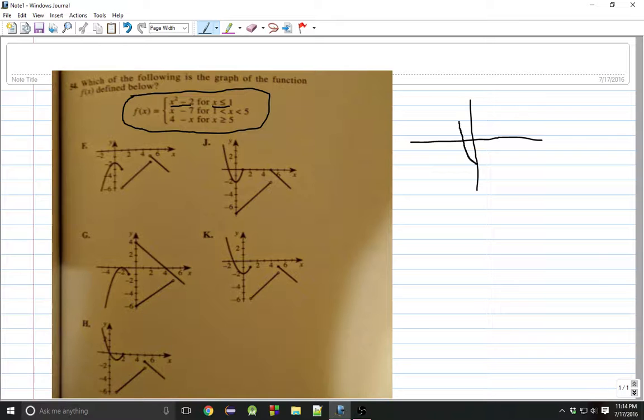You can think of it like this. 1 squared minus 2 would be negative 1, so that would be about here. And it says less than or equal to, so that's going to be a closed dot.